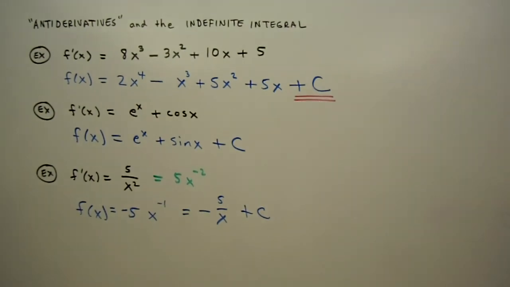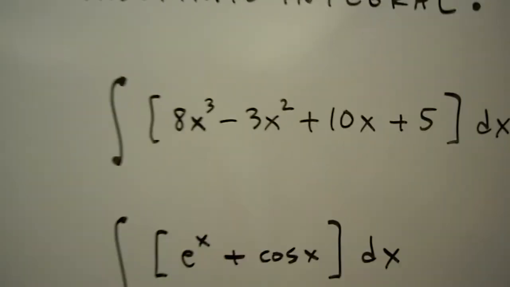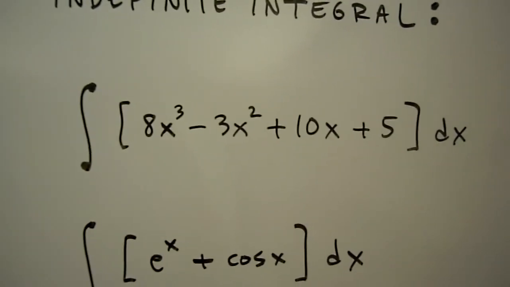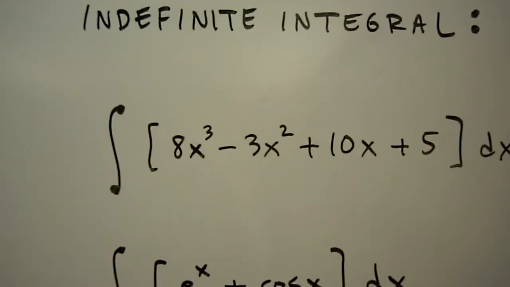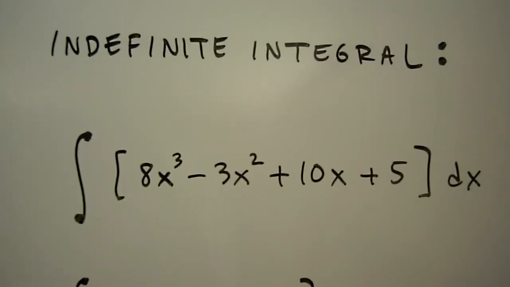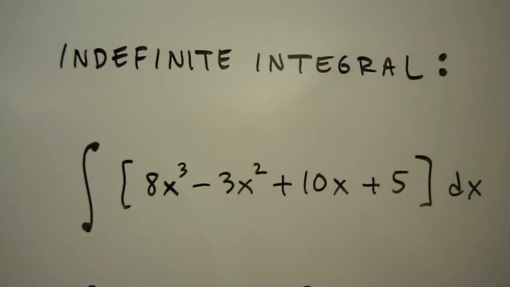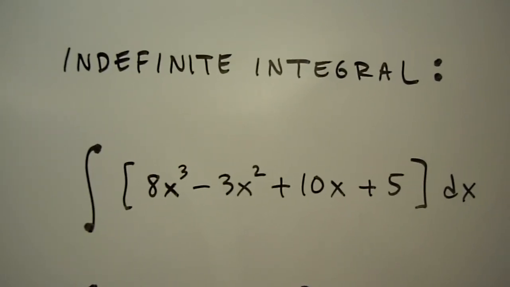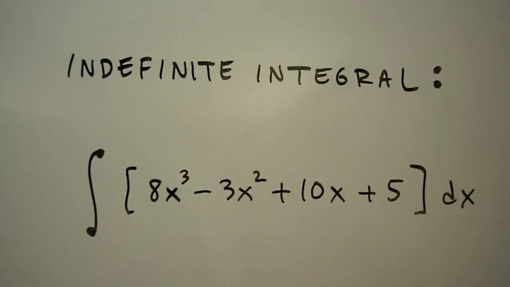So, the notation for this is what we refer to as the indefinite integral notation. The symbol there that looks like somewhat of a musical note is the integral symbol. And the integral would indicate that we are finding the antiderivative of that function, meaning assuming that it is a derivative, what's the function it would have come from.